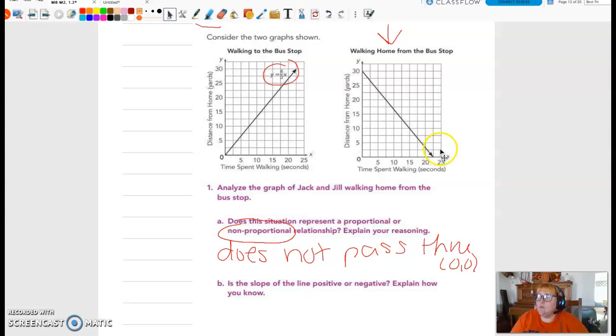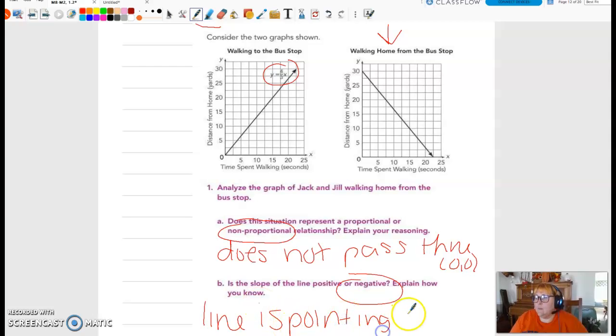It's going down to the right. Look at where that arrow is pointing. So that means that it would be a negative slope. The line is pointing down to the right.